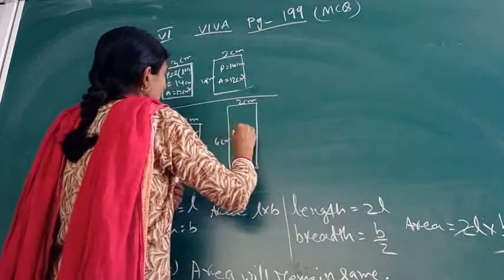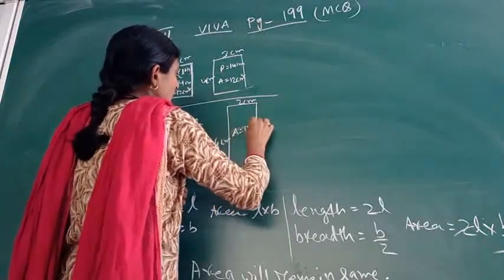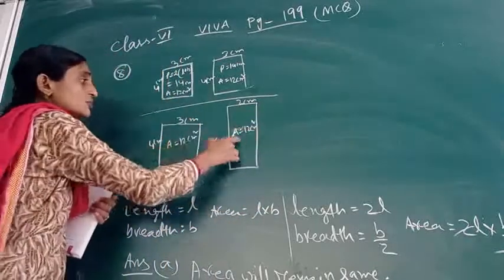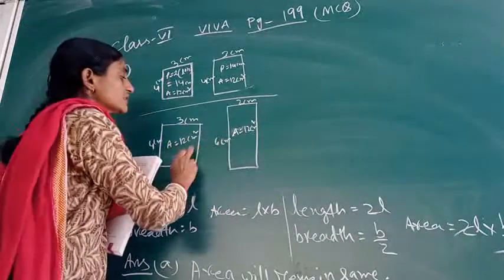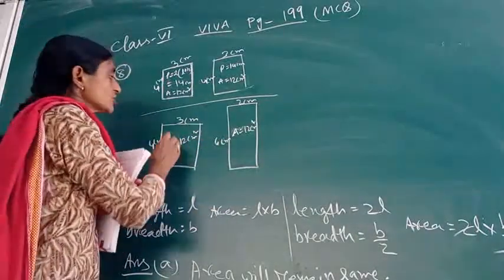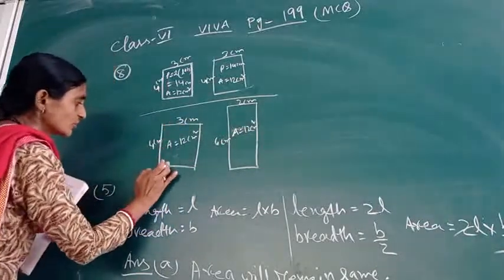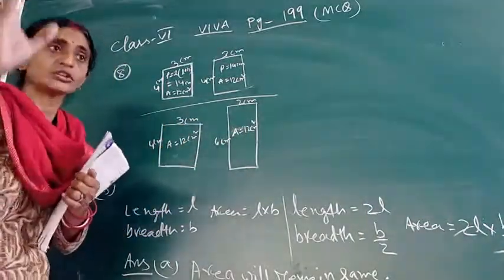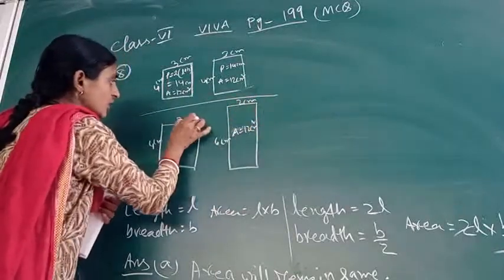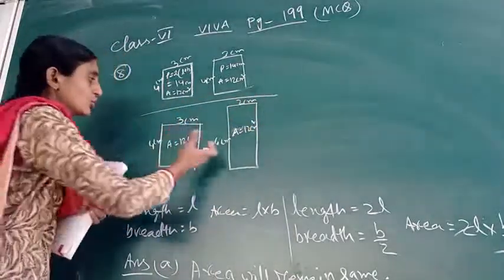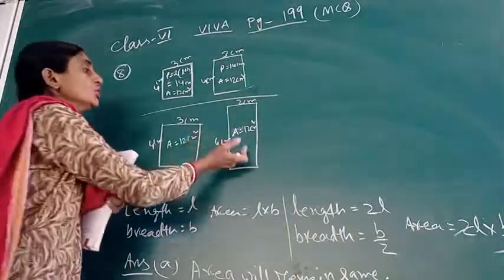So area is coming again 12 centimeter square. They have the same area, but will they overlap? No. In this case, they will not coincide, because if you put it on that, one side of this will remain uncovered, and by that length the rectangle will come out of the other one. In this second situation, it will not overlap, it will not coincide.